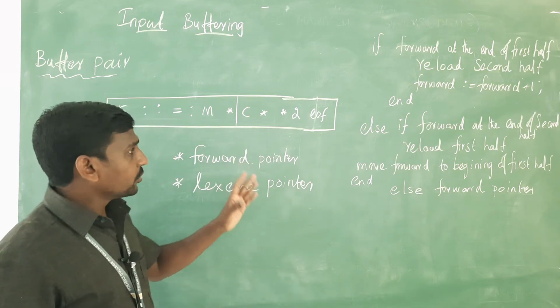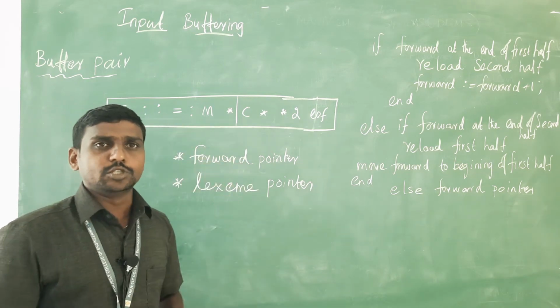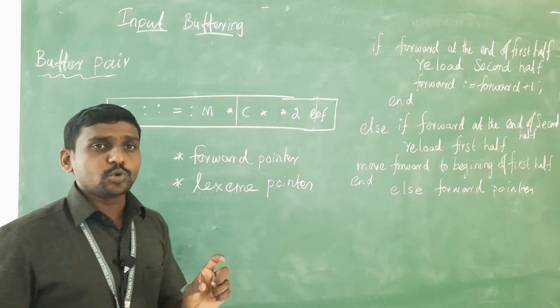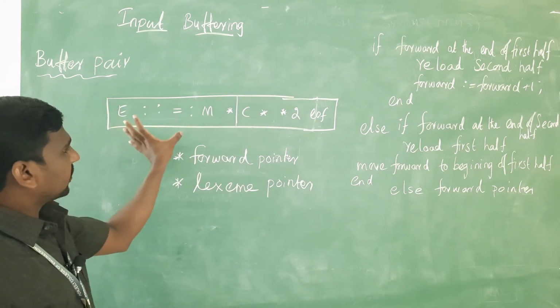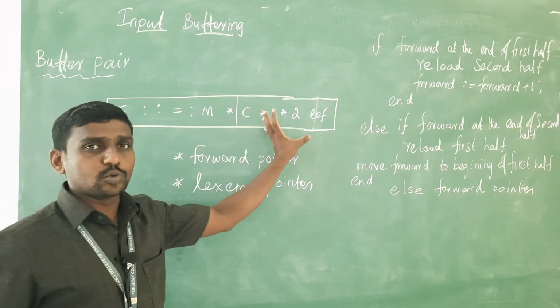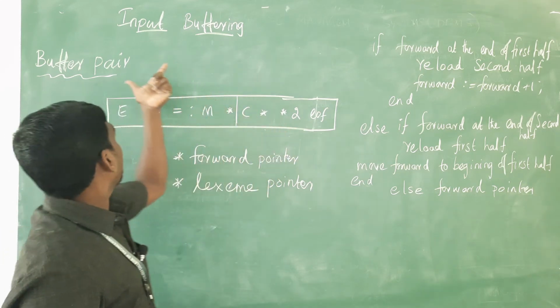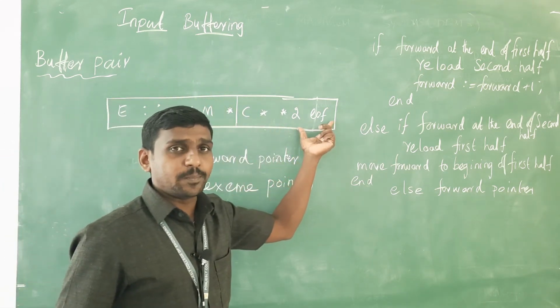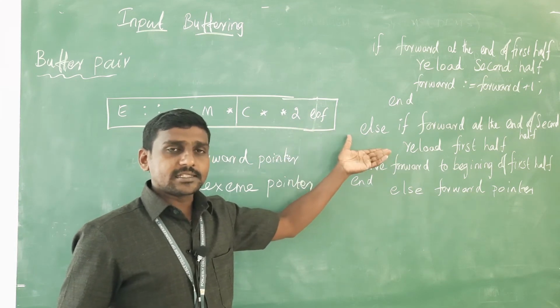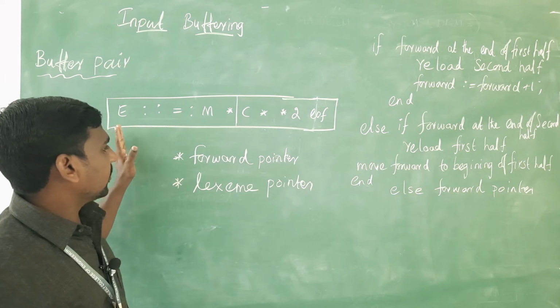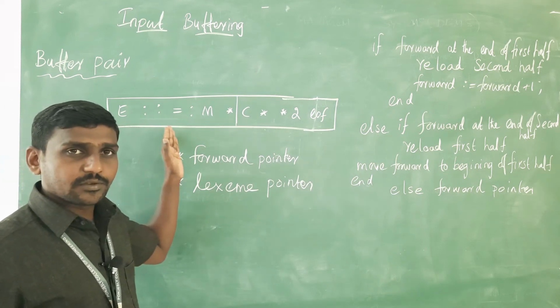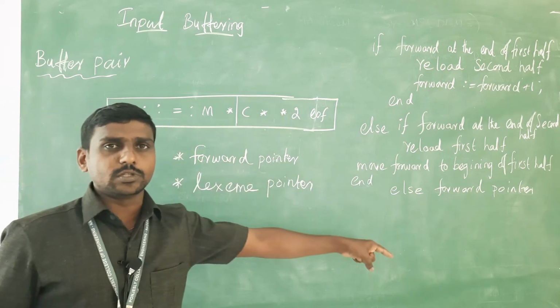Clear? So you should remember the buffer should be split into two. It is divided into two equal halves of n characters, and all the characters are equally placed into the buffer. In a buffer pair, EOF must be placed at the end of the buffer and at the end of the second half. The forward pointer scans the sequence of characters, and if it matches, it is placed into the buffer.